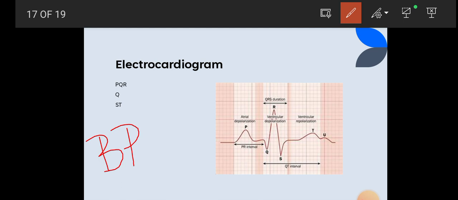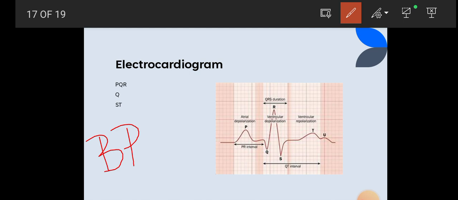What we don't know is the electrocardiogram or ECG. There we have the PQR complex, or QRS complex. Sorry, I have written PQR. So there is the ST wave, then there is the PR interval.